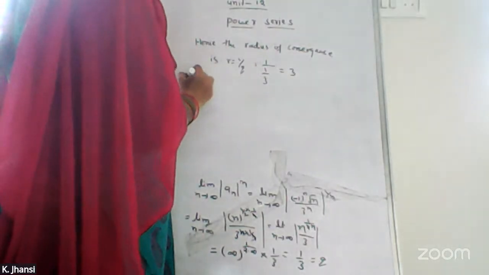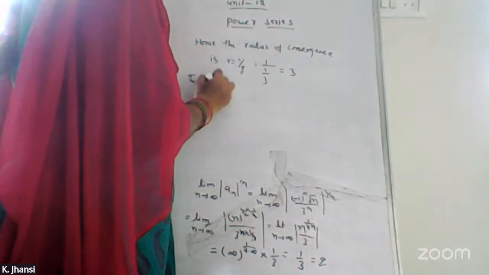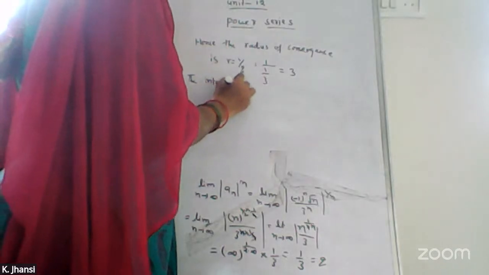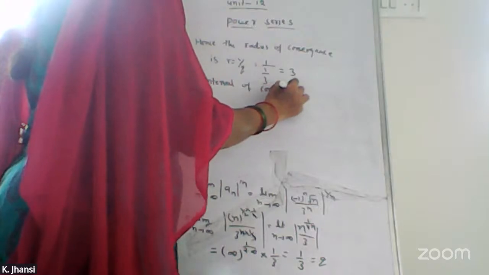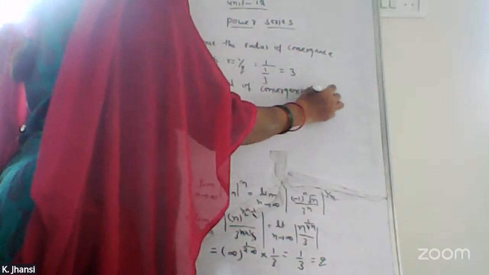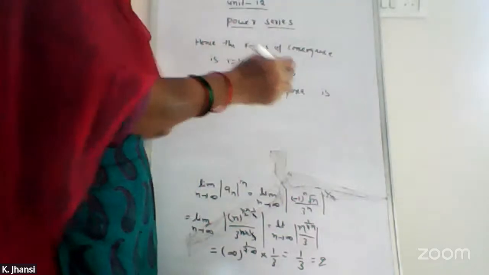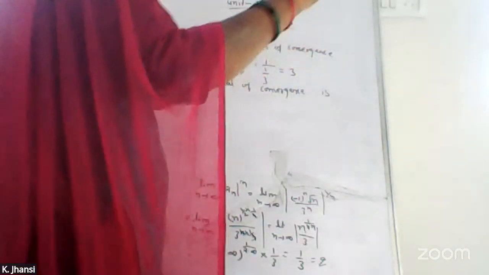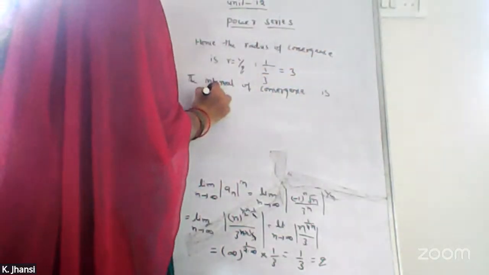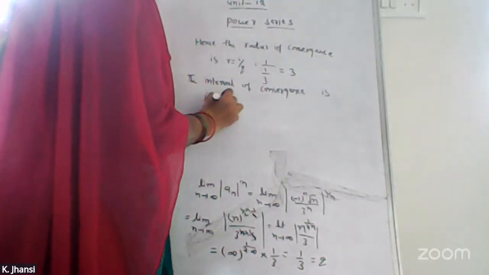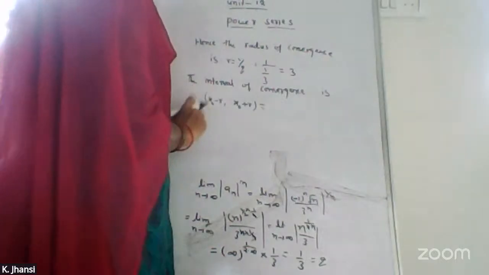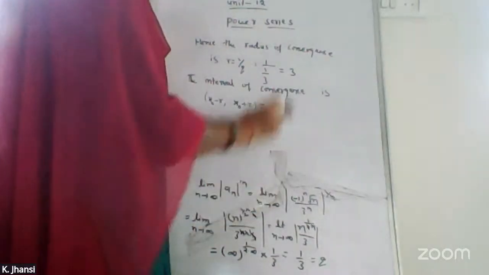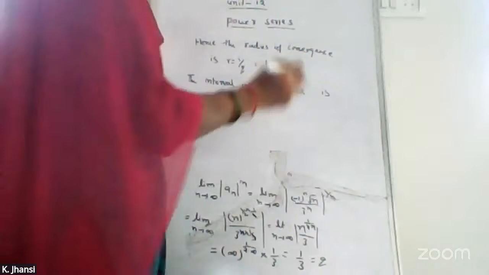Okay. What is the interval of convergence? It is x naught minus r comma x naught plus r. So what is our x naught value? X naught value is 5, given before.